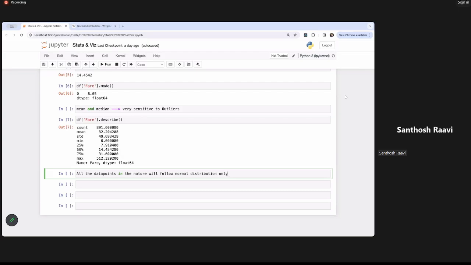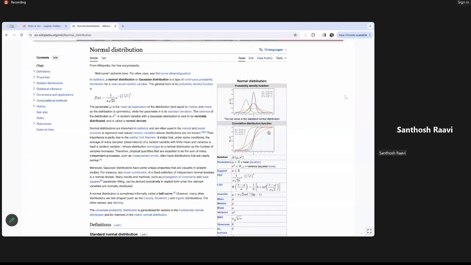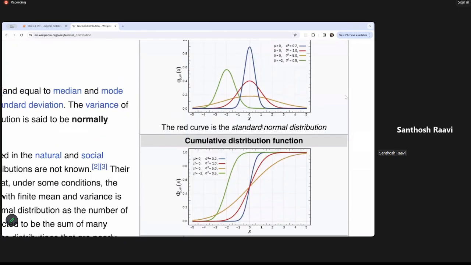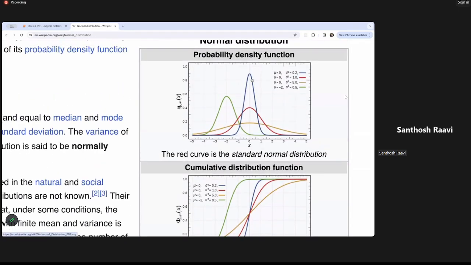There are many distributions. If the data is not following normal distribution, the waveform will look different. The red color line is a normal distribution, the blue one, and this green one. All these are normal distributions only.